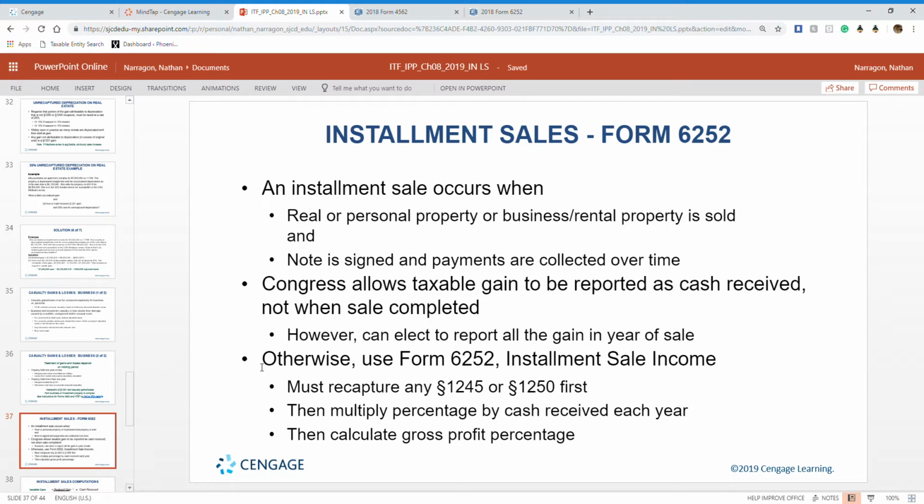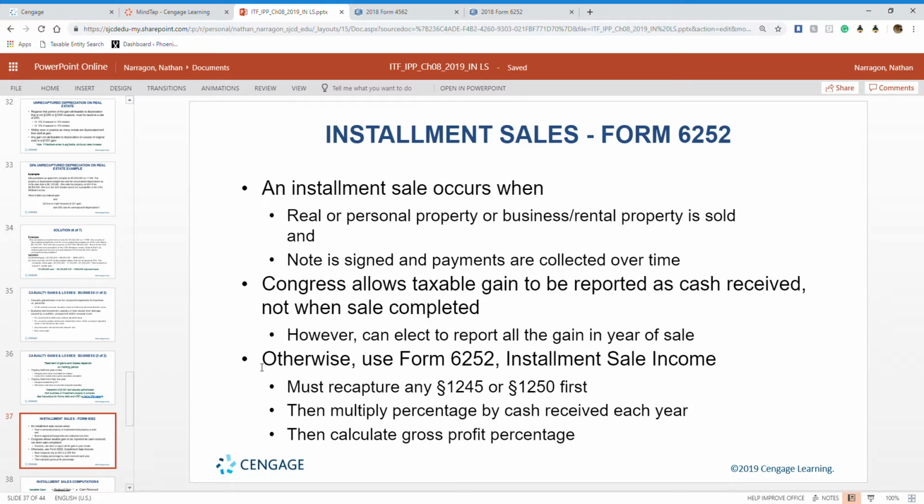However, you can elect to report all the gain in the year of sale if you just want to get it over with. Some people actually would rather do it as the note, and it can actually help you out, because you can cover the gain in certain years you can't. So it matters how much tax you're willing to pay.